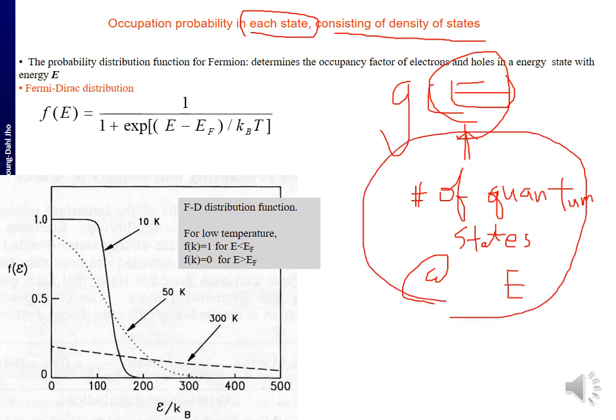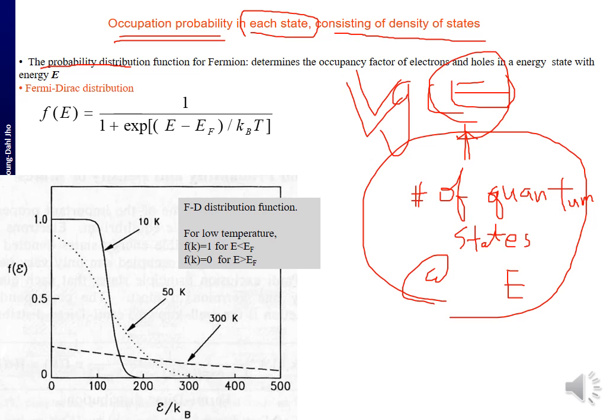So there are this many energy states, then we fill that energy state with electrons. Okay, and when we fill that energy state, there is also a probability of filling that state.